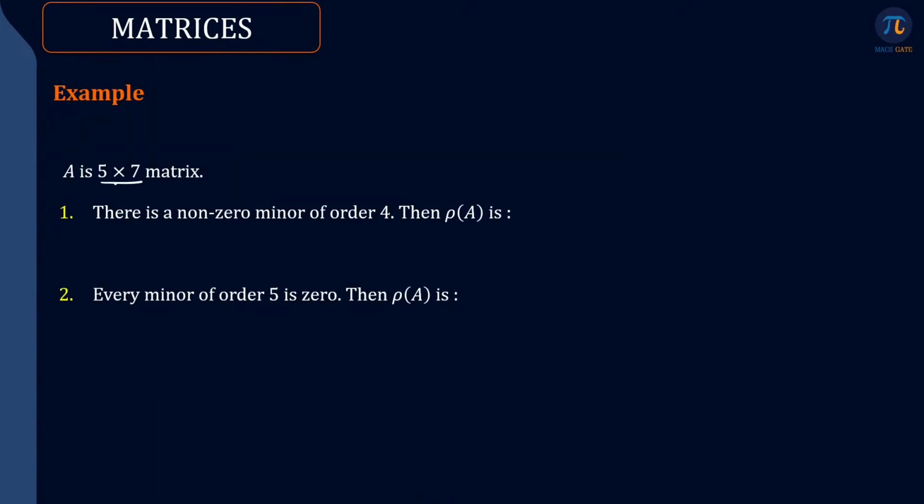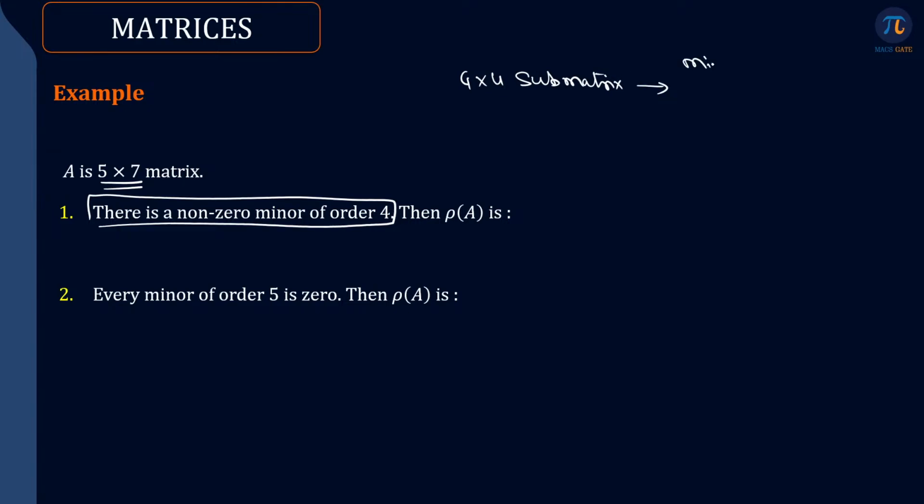Now look at this. Suppose you have a 5 by 7 matrix, and suppose there is a non-zero minor of order 4. See here, what I know is we have a 4 by 4 submatrix whose determinant is not 0. Don't blindly say rank is 4, because I only told you about a 4 by 4 submatrix determinant being non-zero. I have not told you about the 5 by 5 submatrix determinant.